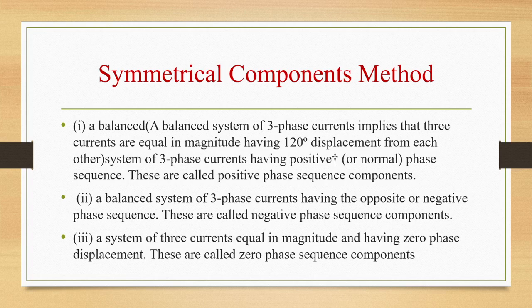A balanced system of three-phase currents having positive or normal phase sequence is the positive phase sequence components. One having opposite or negative phase sequence is called negative phase sequence components. A system of three currents equal in magnitude and having zero phase displacement is called zero phase sequence components.